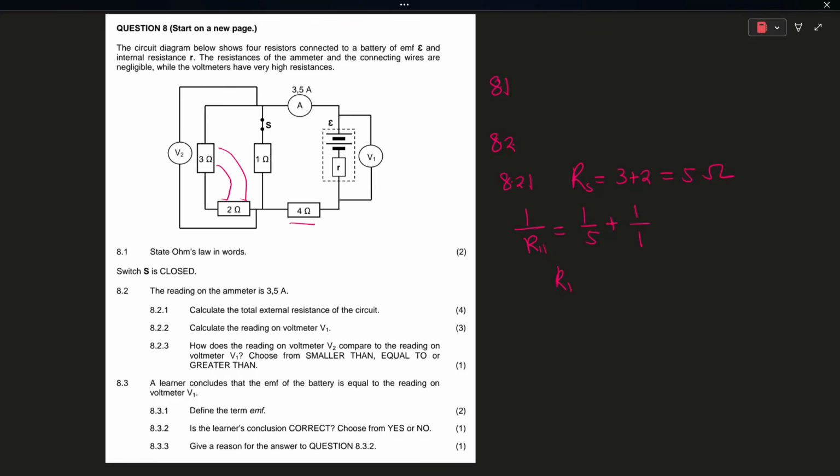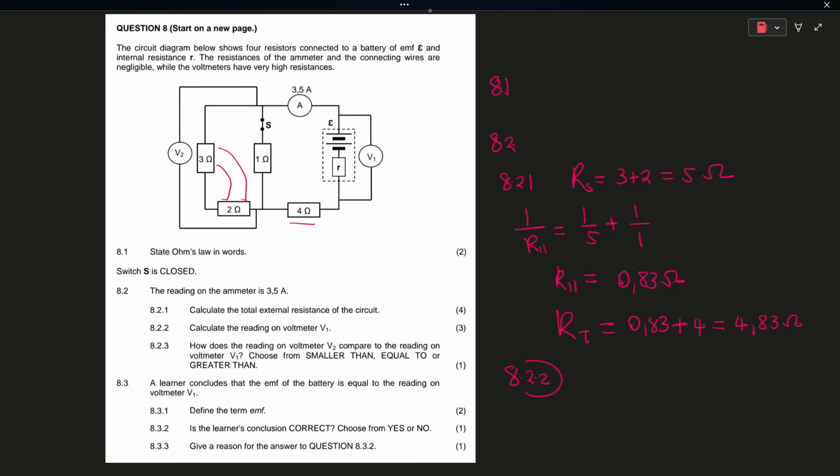And then after solving the parallel, you can use a calculator, and you're going to get 0.83 ohm. Then the R total, what do we have? We're going to have 0.83 plus 4. So the answer is going to be 4.83 ohm. That is the answer for this one. Don't make a mistake. That is very easy.